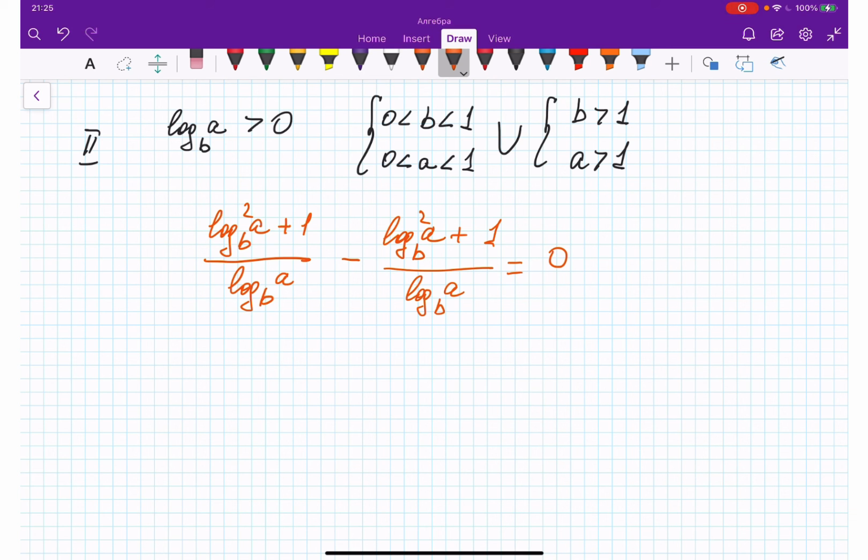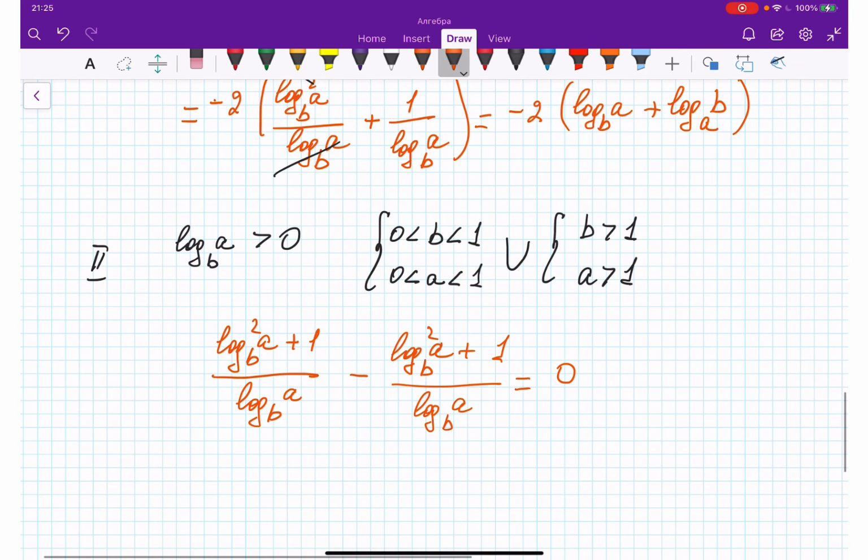So what picture do we have? We get the result 0 if both a and b are positive fractions, or both a and b are greater than 1. Then the result is going to be 0.